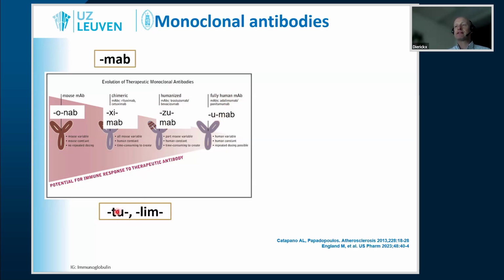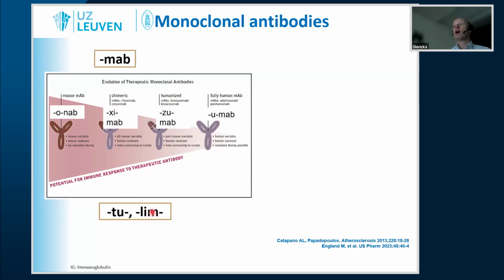And another substem is the TU or the LIM. TU means that's actually the target. So TU is tumor. So when you use it in oncology, it's called TU, for example, TUXIMAB. LIM stands for lymphocytes, and this means that it's mainly used in autoimmune disorders.